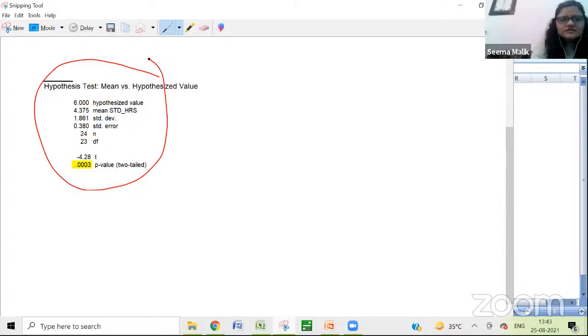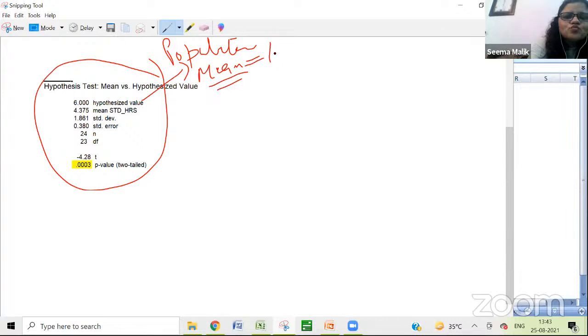The first one is our population value, 6. 6 is our population mean. And in statistics, we denote population mean as mu. So this is mu is 6.